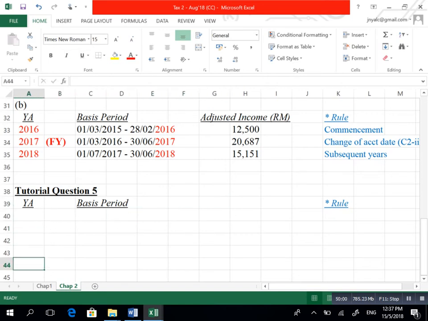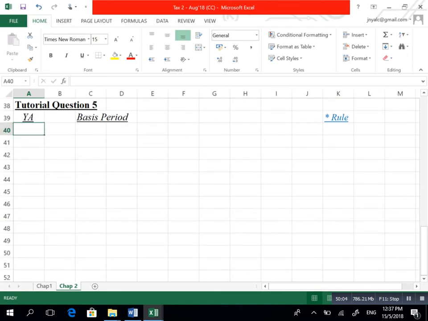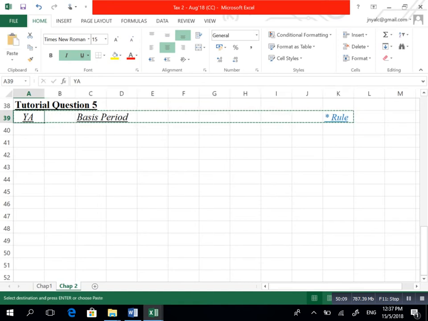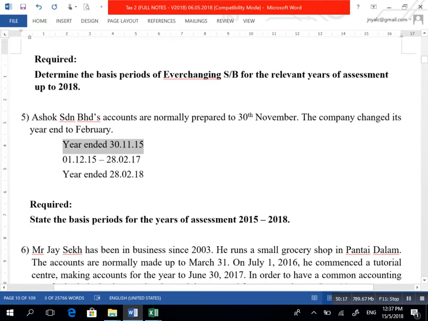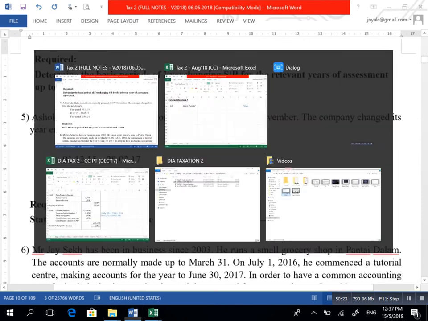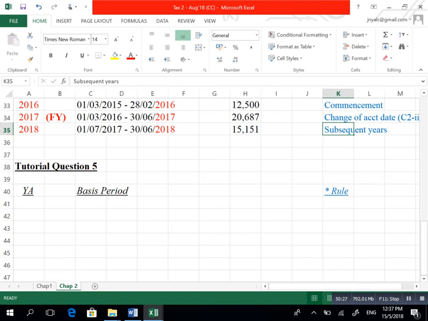Alright, the first account that we know here is the year ended 30th November 2015. Follow the subsequent year rule. You will start from 1st December 2014, close until 30th November 2015.